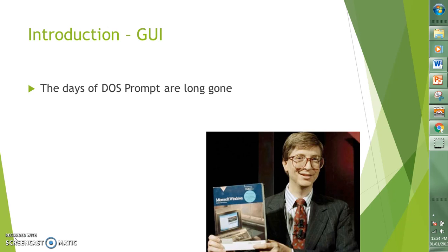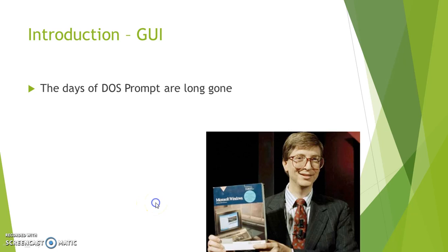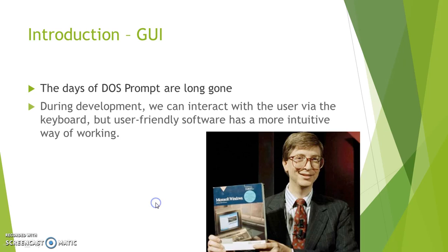Old Bill Gates gave us some more advanced tools to allow us to work with graphical interactions, and of course he copied those from others. Now, we can use these tools. Turing has tools for this, and we can make a much more user-friendly piece of software than using the keyboard.